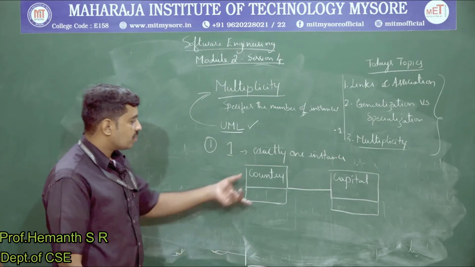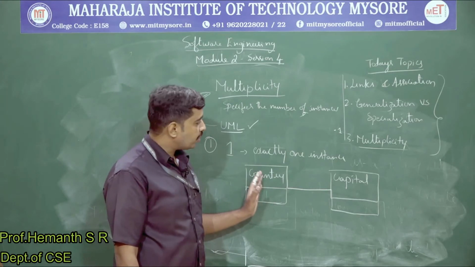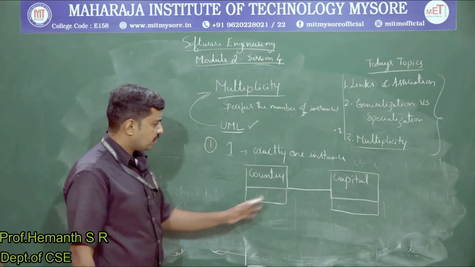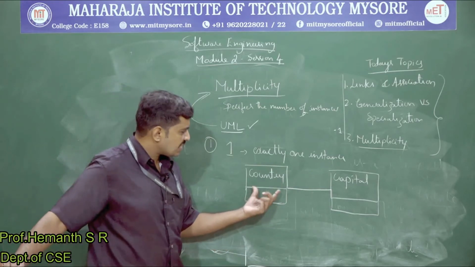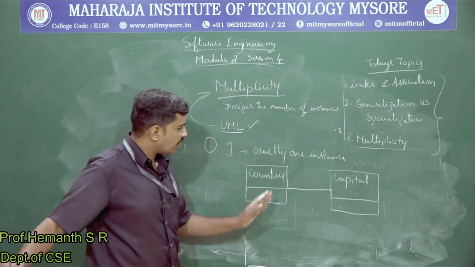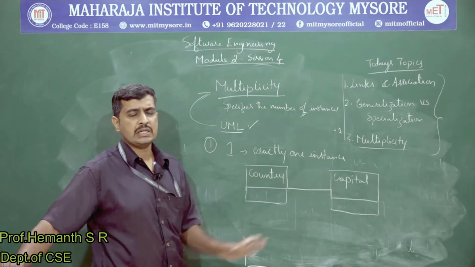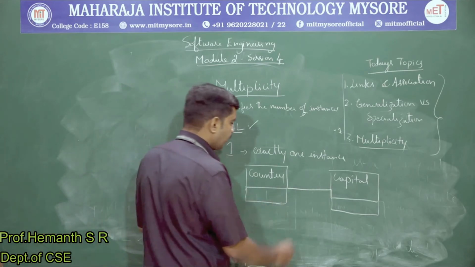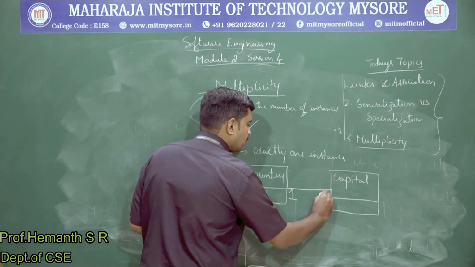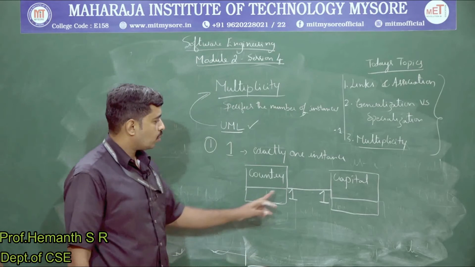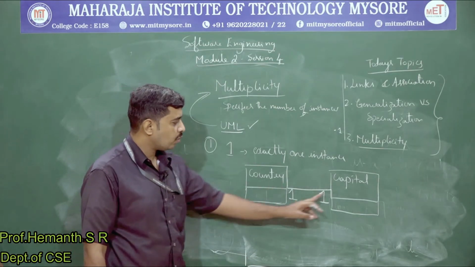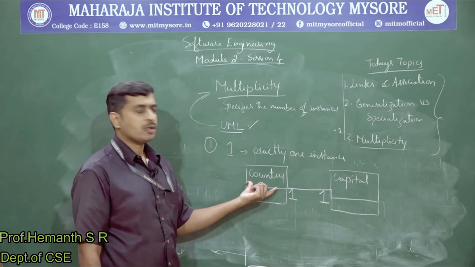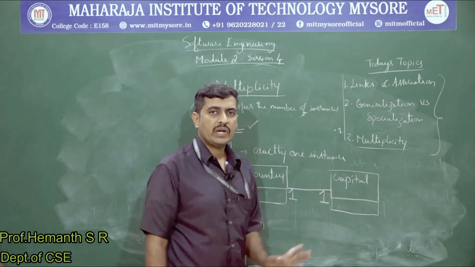Now, how many instances of the country class are related to the capital class? That I need to represent here. Generally we know one single country can have only one capital. We cannot have more than one capital city in a country. That is the basic general knowledge. So in this case, I can mark this 1, meaning that any one specific country across the globe will have only one capital.